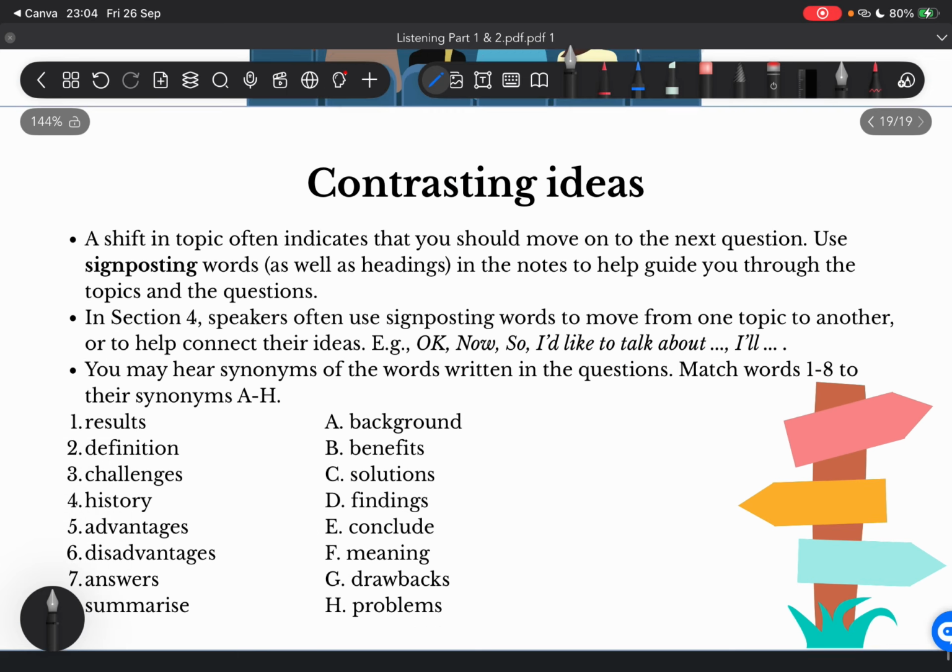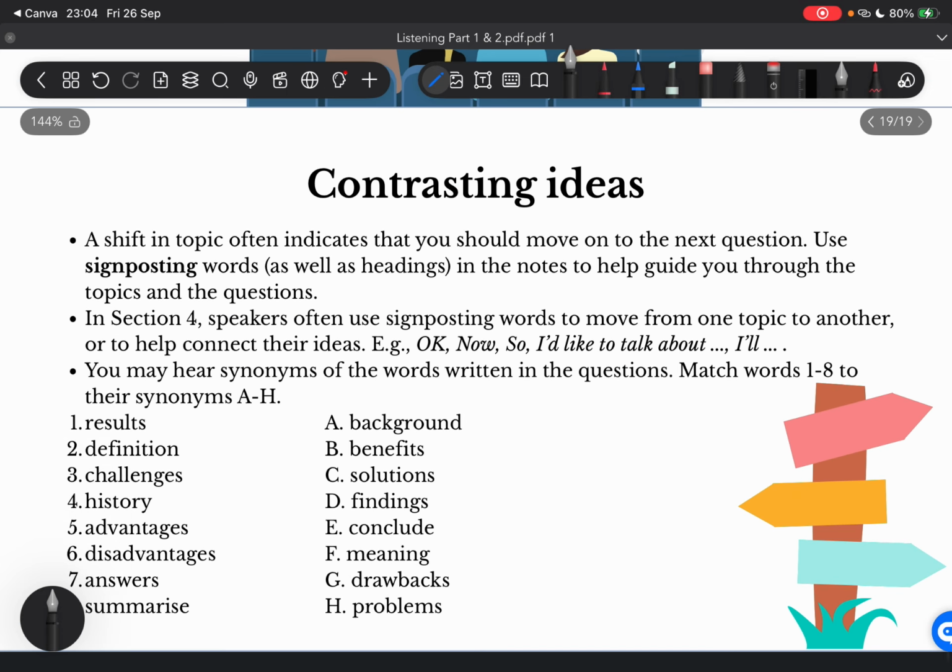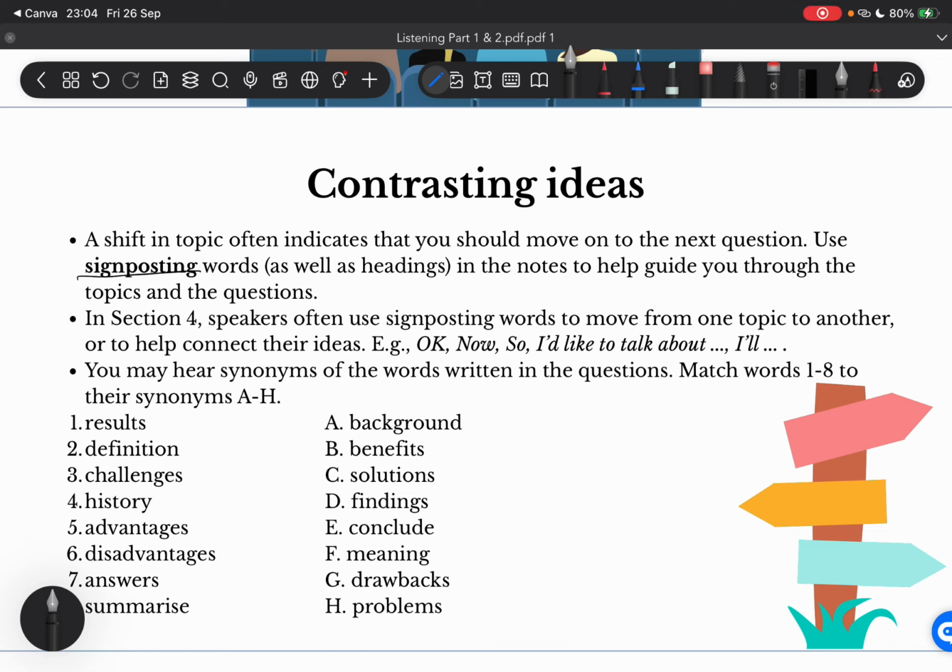And contrasting ideas. Finally, we've got some signposting words. I want you to understand what these words are. These words, just like this picture here, show us the directions where the speech is going.